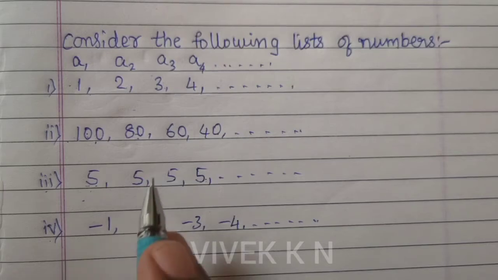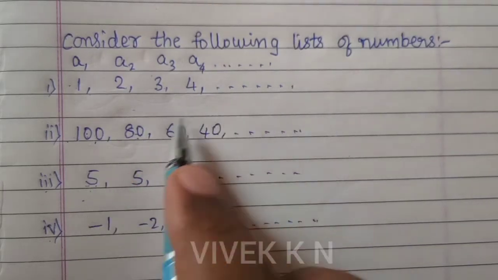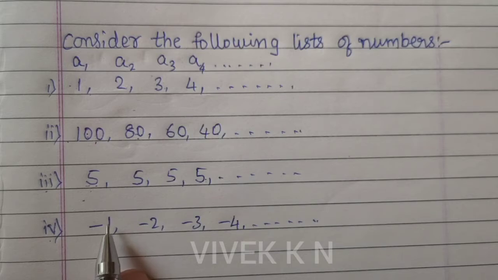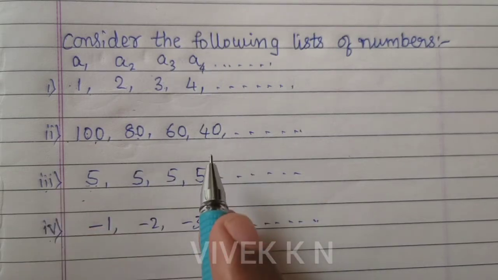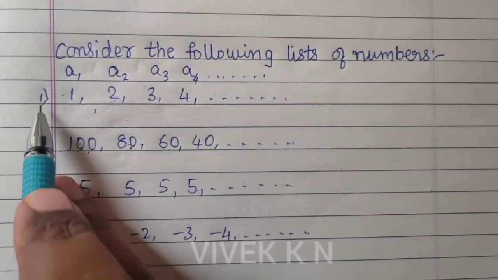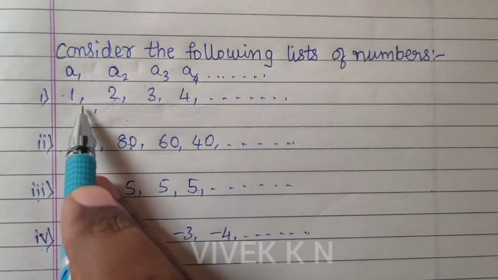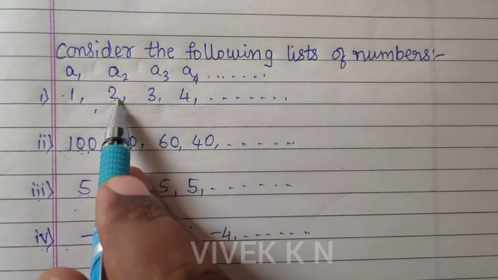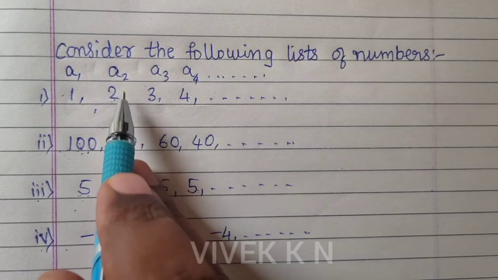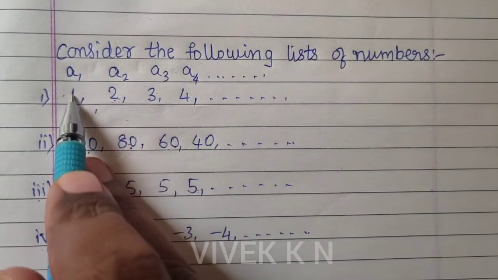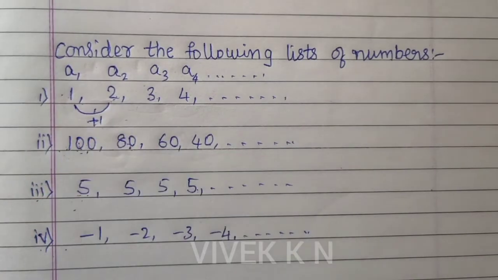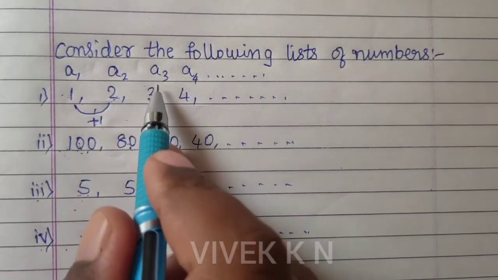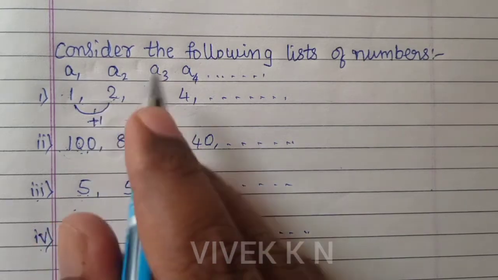In all these above sequences, we see that there is a fixed number that is obtained by either adding or subtracting. In this first sequence, except the first term, the second term is obtained by adding 1 to the preceding term. Like that, the third term is obtained by adding 1 to the second term.